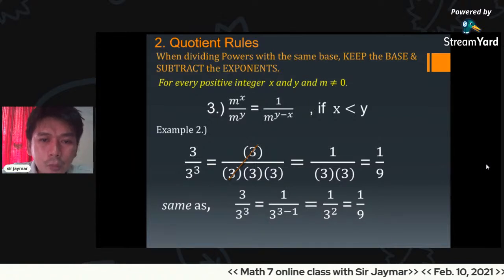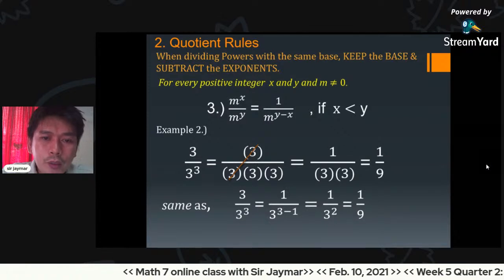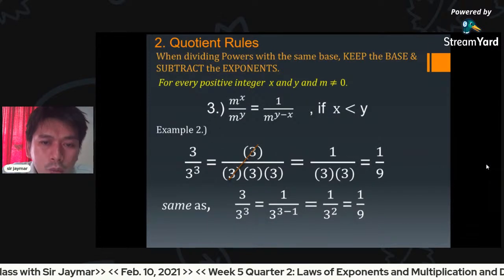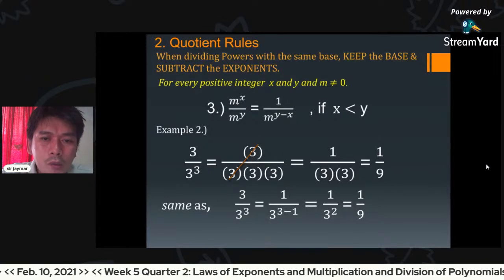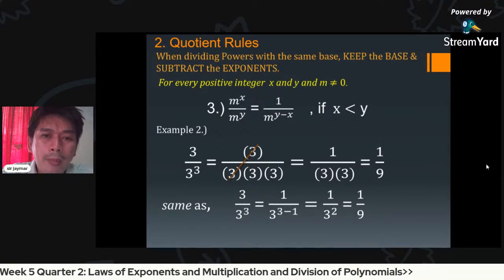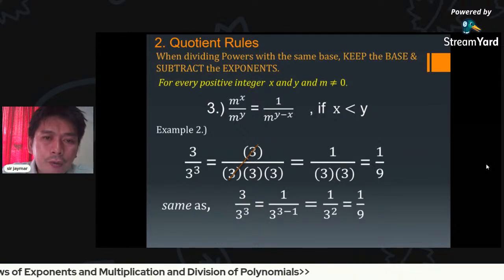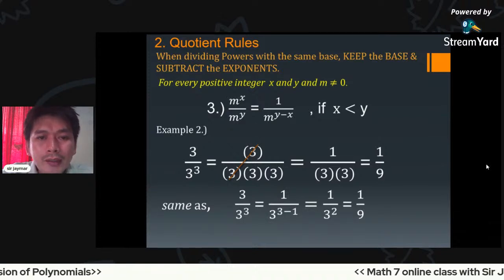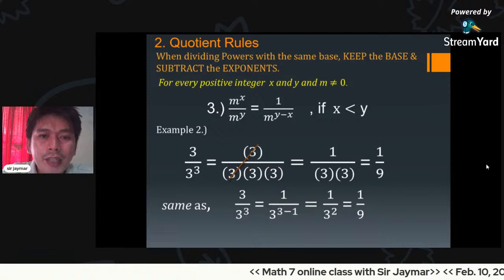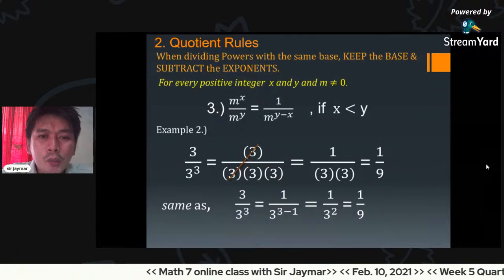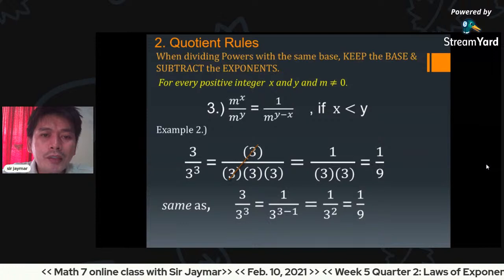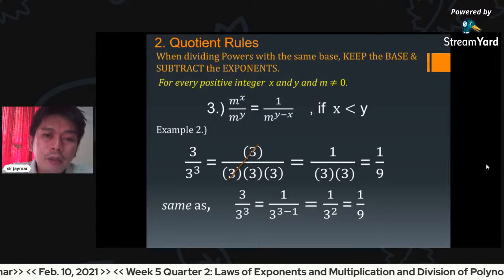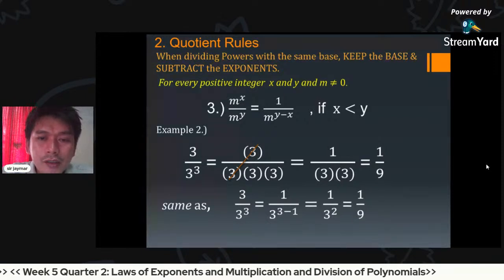Or another way around, 3 over 3 cubed equals 1 over 3 raised to 3 minus 1, equals 1 over 3 squared, because 3 minus 1 equals 2. As shown in the formula or the pattern, you subtract the exponent of the numerator from the exponent of the denominator, then that is the right answer. So 1 over 9.